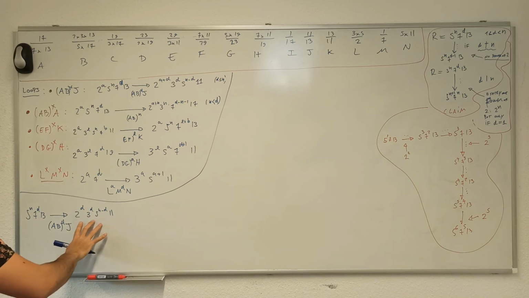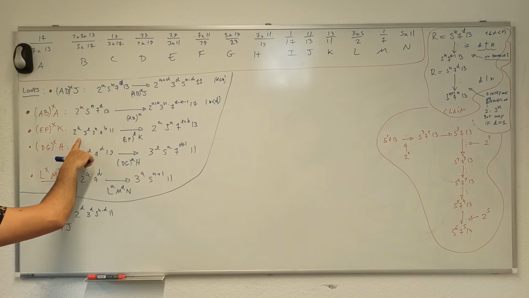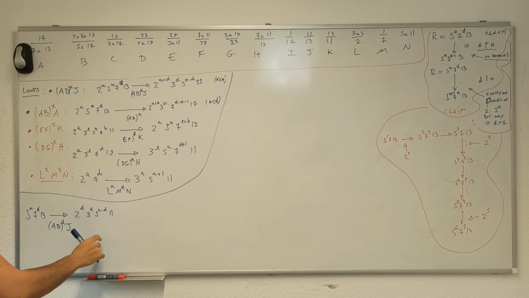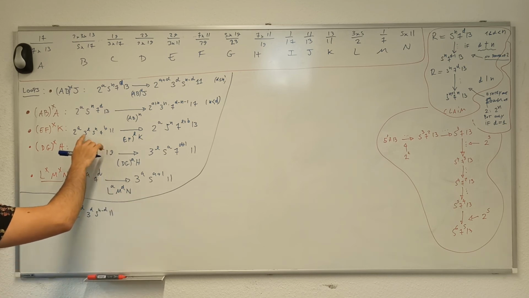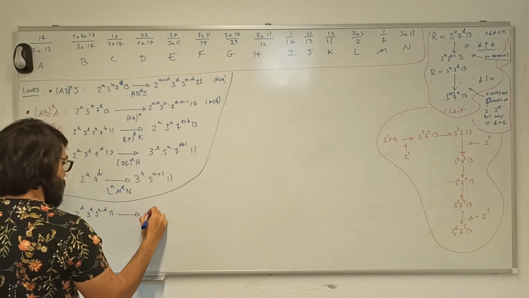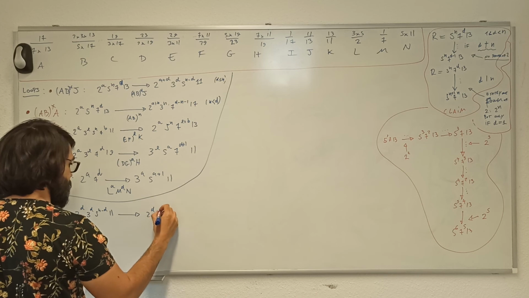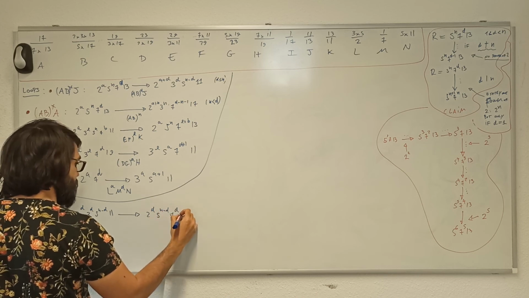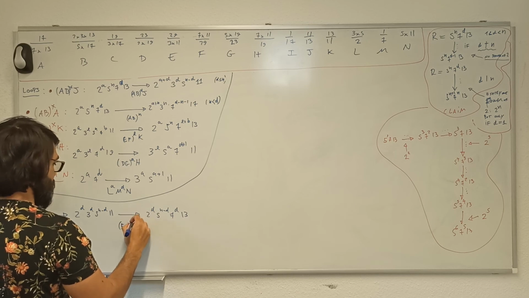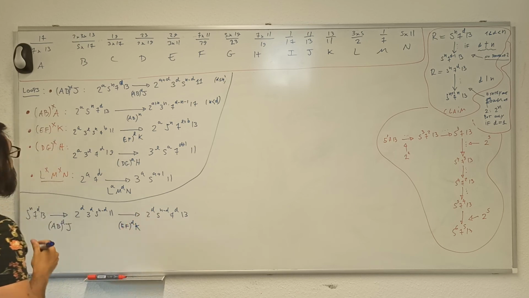Then now I'm in the position of applying this third loop here, the EFK loop, because I'm exactly having these numbers. So 7 here is with the b equals 0, etc. So what it does, it just copies the contents of the 3 to the 7s and moves the 11 to a 13. So 2 to the d, 5 to the n minus d, 7 to the d, and 13. So that would be EF d times k.